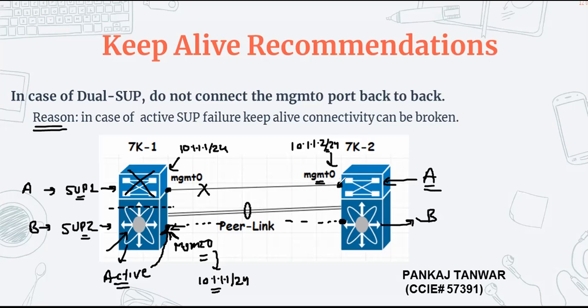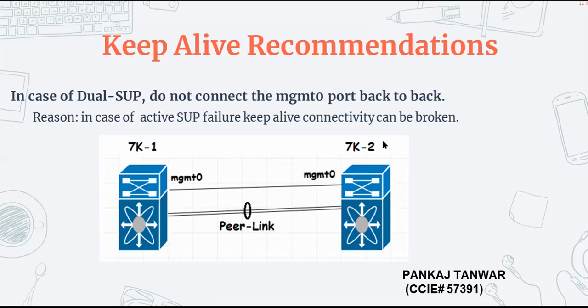So because now management 0 is active here and management 0 is active here, then it is not going to work, right? So in that case, what can we do if we are using dual SUP in the Nexus 7K or our Nexus devices?